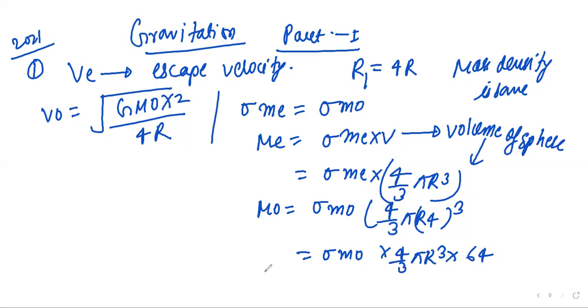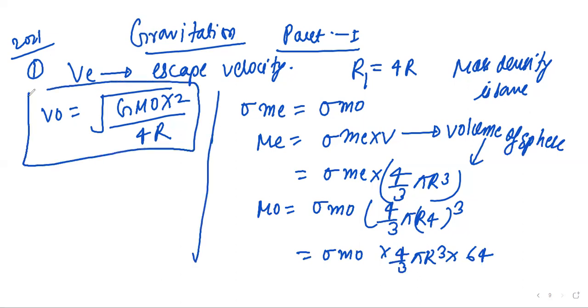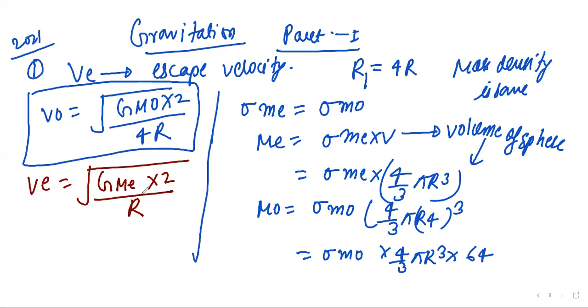Now divide V by V naught, right? So this is your V naught we have written here. Next is V. The V value we know, that is given by under root of G ME into 2 divided by R, right?